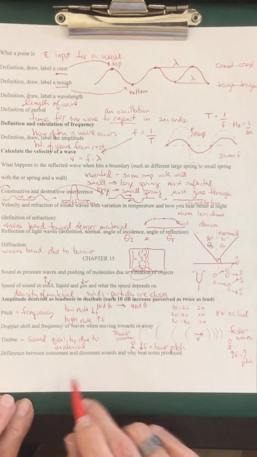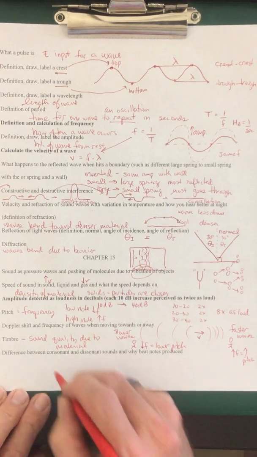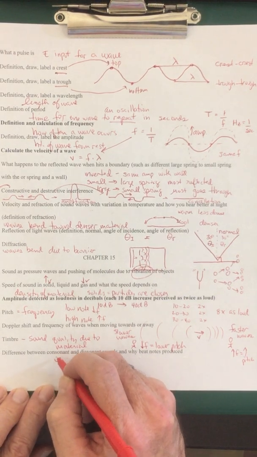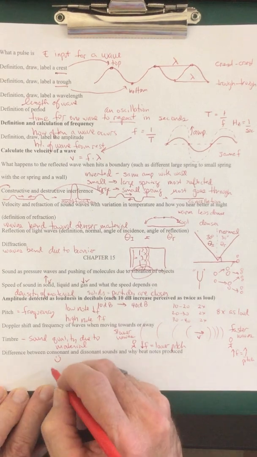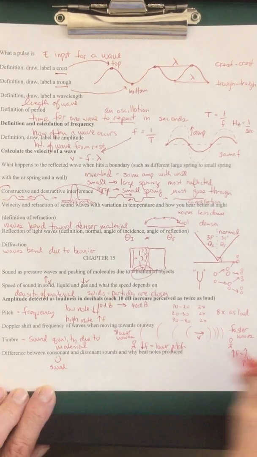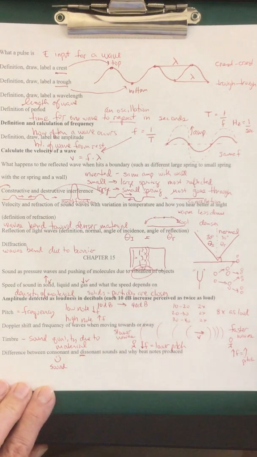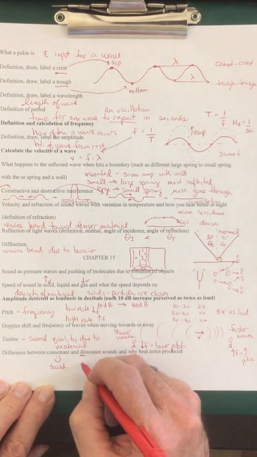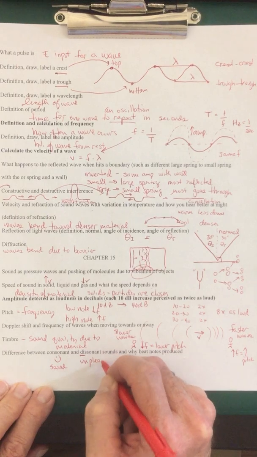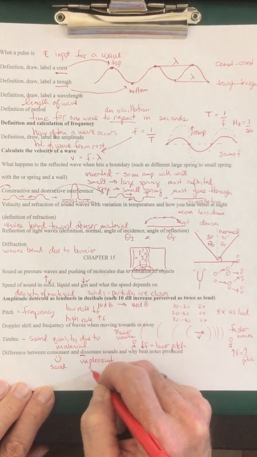Difference between consonant and dissonant. Consonant is a pleasant sound or a happy sound. Dissonant, it's dis, it's an unpleasant sound.